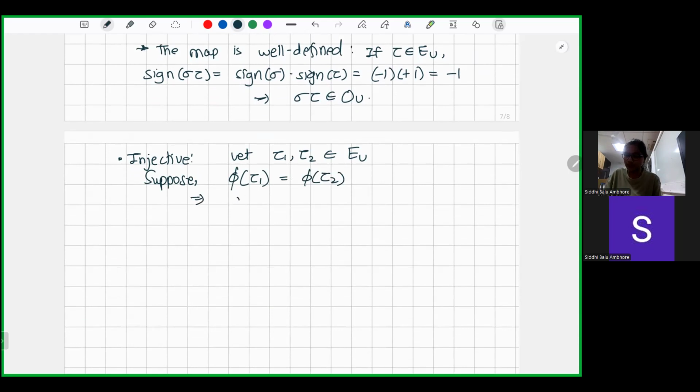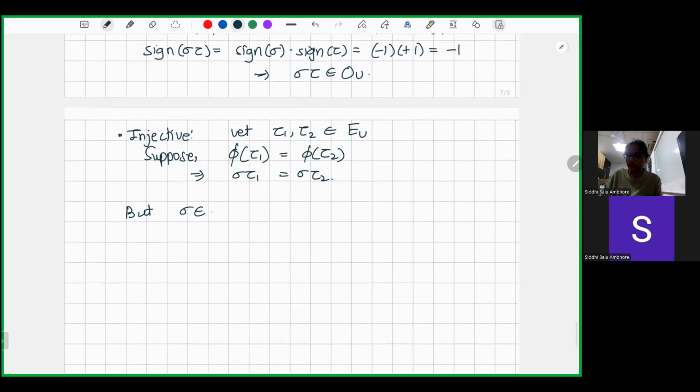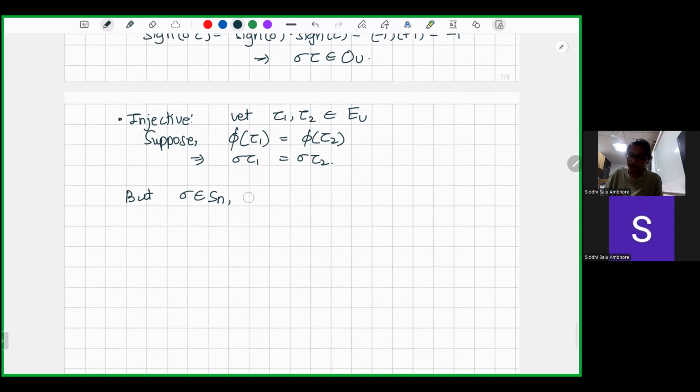So this implies that sigma tau1 is equal to sigma tau2. But sigma belongs to Sn, hence sigma inverse belongs to Sn.